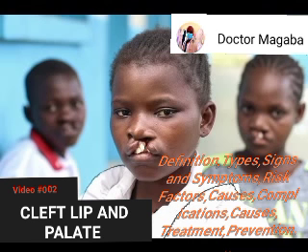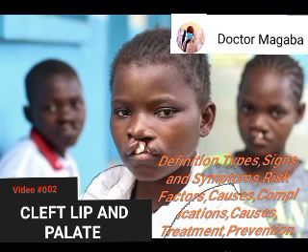Let's go to another risk factor, alcohol consumption. For those who are consuming alcohol and are pregnant, please, please, please, consumption of alcohol during pregnancy increases the risk of developing cleft lip and palate in the child. So you're putting your child at risk of getting cleft lip and palate. Please try your level best and leave alcohol when you are pregnant. If possible, leave it forever.